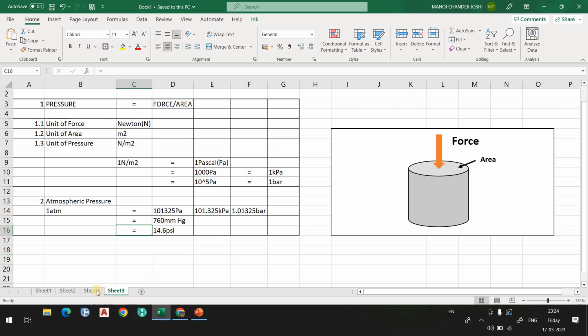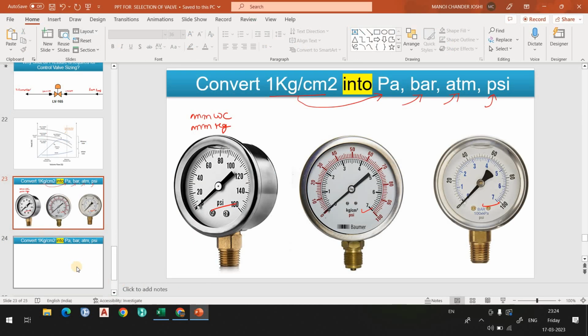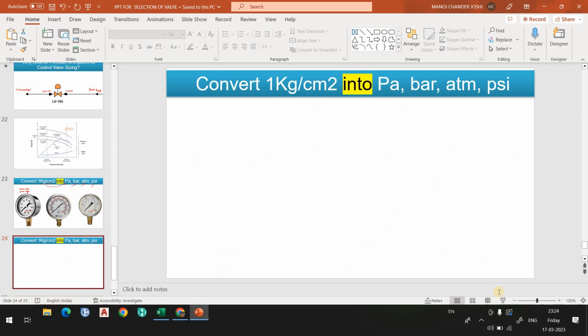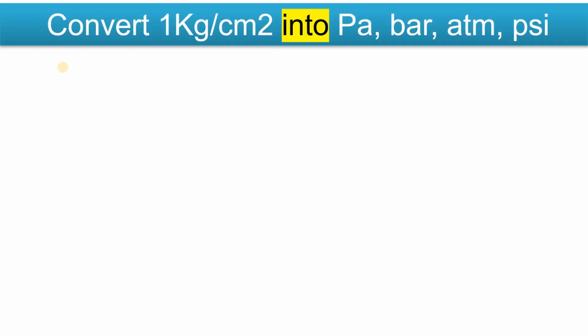Now I just want to tell you something. Just see here. We know that pressure is the force divided by area, right? Now what is the unit of the force? That is Newton. What is the unit of the area? That is meter square.